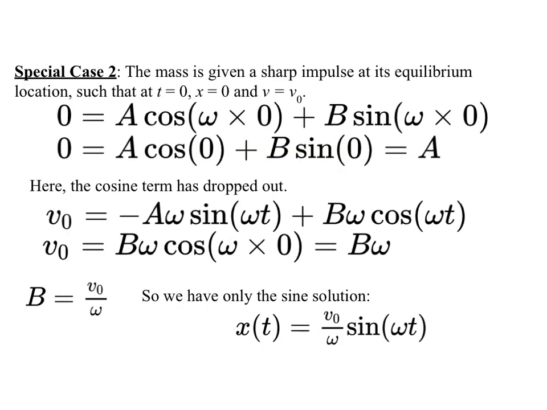Special case number 2. The mass is given some sharp impulse at the equilibrium location, such that t equals 0, x equals 0, and v equals v0, some initial velocity. We do the same kind of trick, and here we get that 0 equals a cos 0, which means 0 equals a. So the cosine term has dropped out. And when we plug into the velocity, remember now a has gone to 0, so this whole term is gone without even thinking about it.